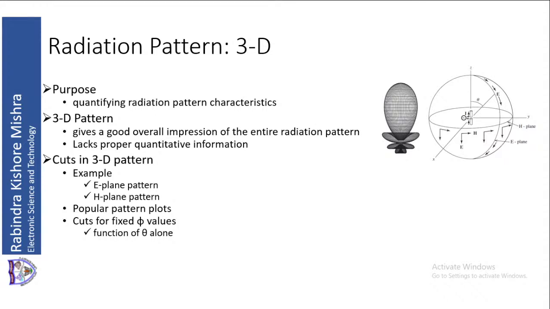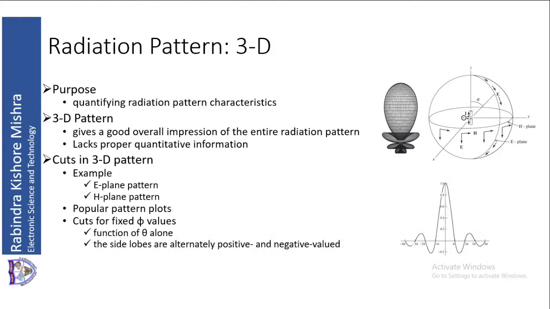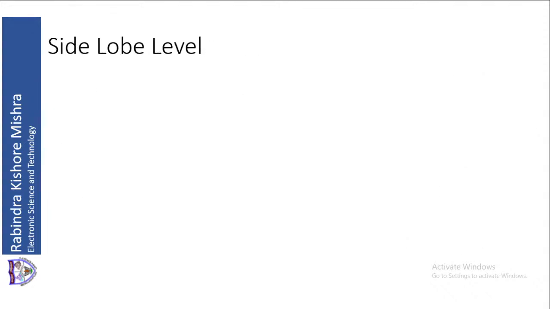In that plane, since phi is fixed, the variation will be only along theta. Similarly, take a fixed theta value and take the cut in the phi plane, passing through the antenna. There phi will vary, theta will remain constant.